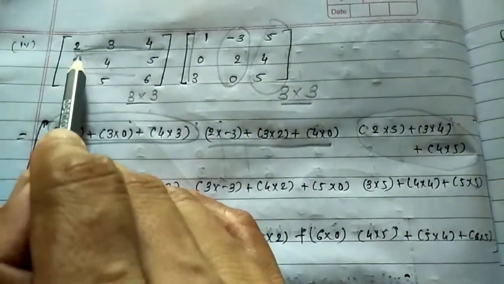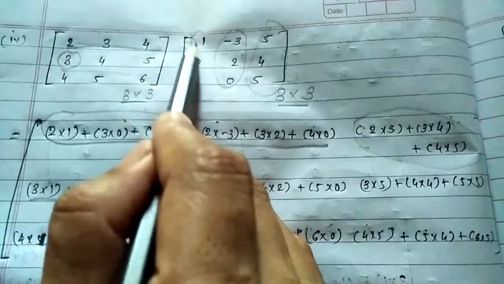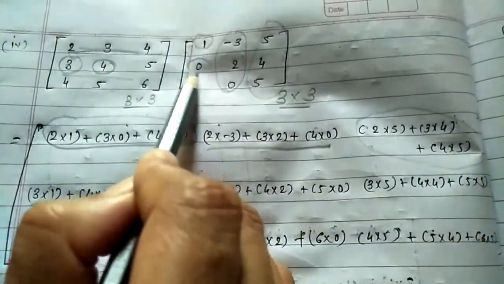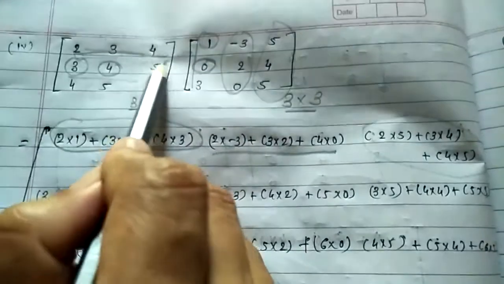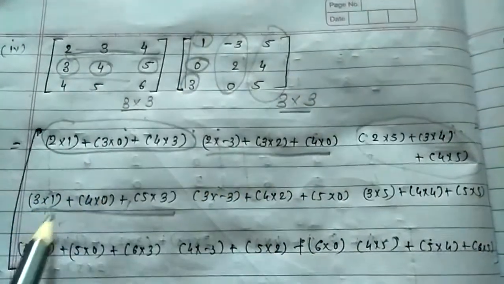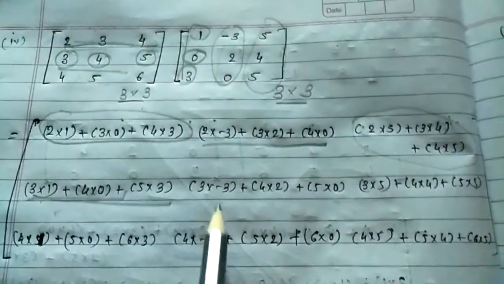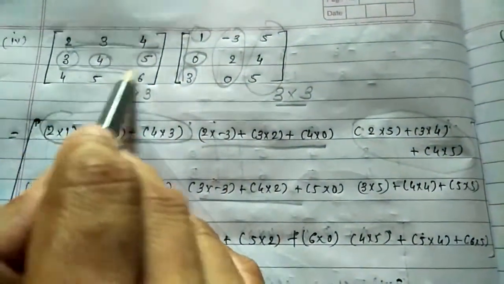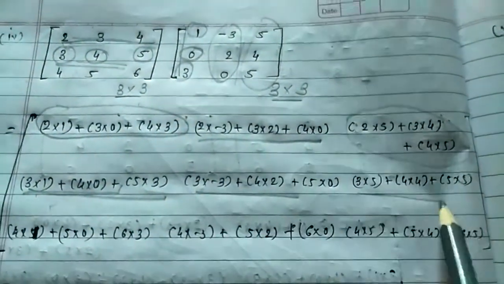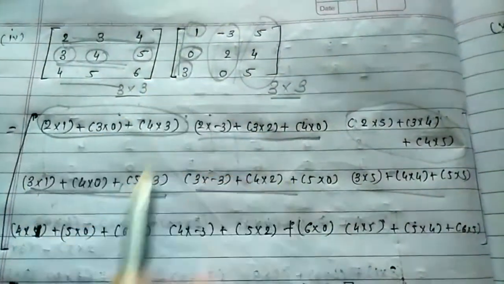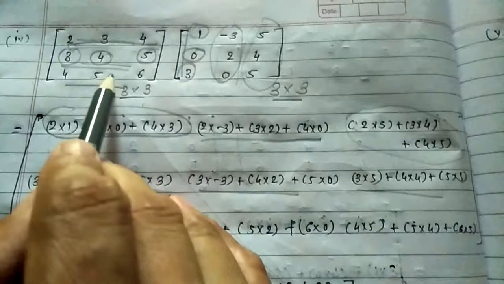You understood now how? First element and the first element. 3 into 1 plus 4 into 0 plus 5 into 3. You understood student? Similarly, second row and the second column. So here. Second row and the third column. So here. Then third row and the first column. Here.